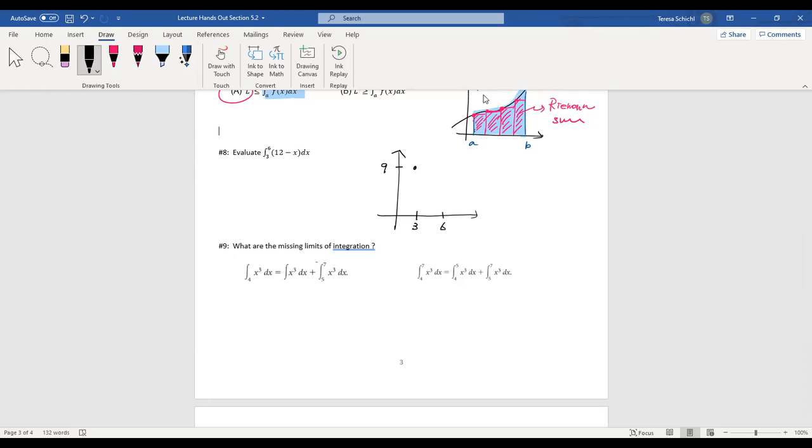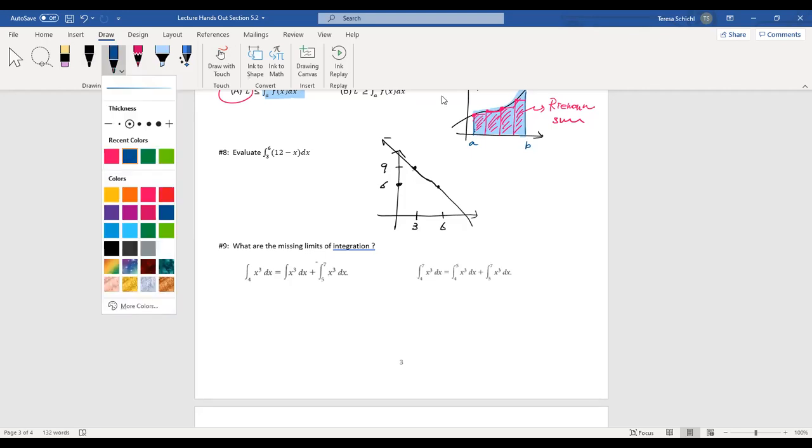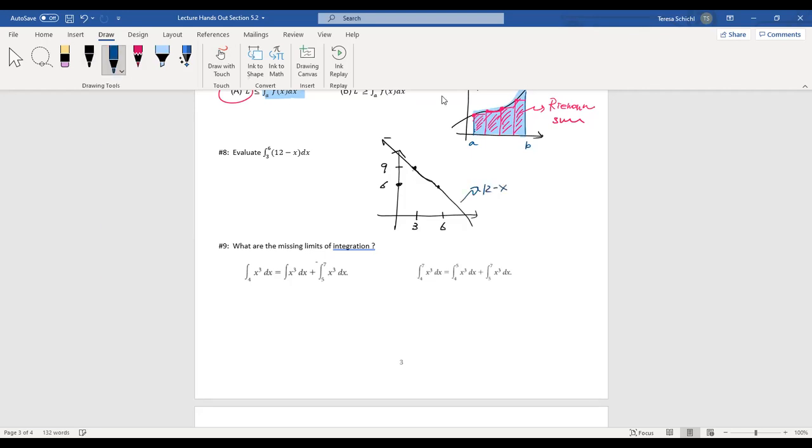When x equals 6, what is the y? y is equal to 6. Okay, so this function here is the 12 minus x function.